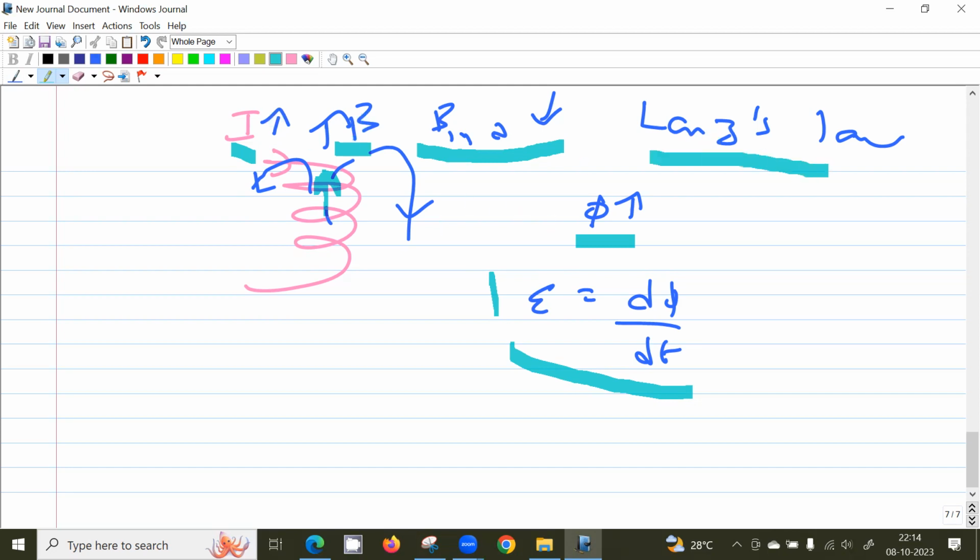This is the same as considered with Lenz's law. In Lenz's law, we have an external magnetic field and the induced field. If the external field is growing, then the induced field will be in such a direction as to oppose it. But if the external field is decaying, dying down, then the induced magnetic field will be in a direction to support it. It is the same thing here.